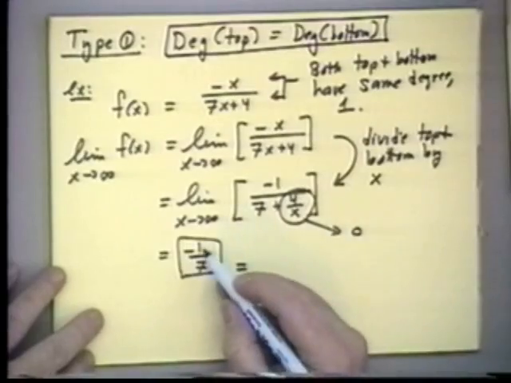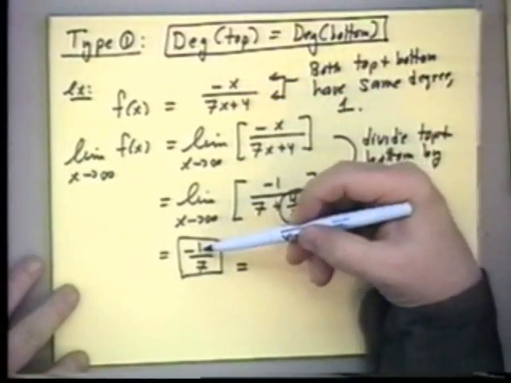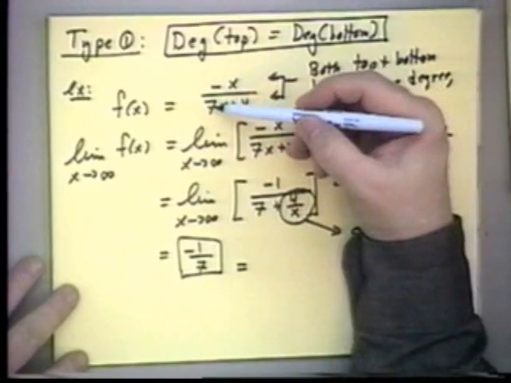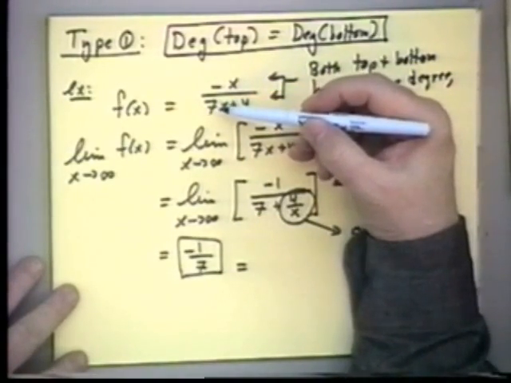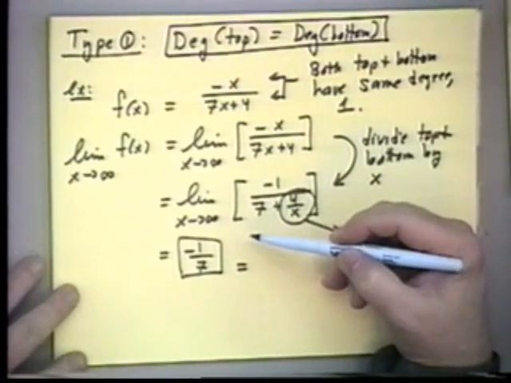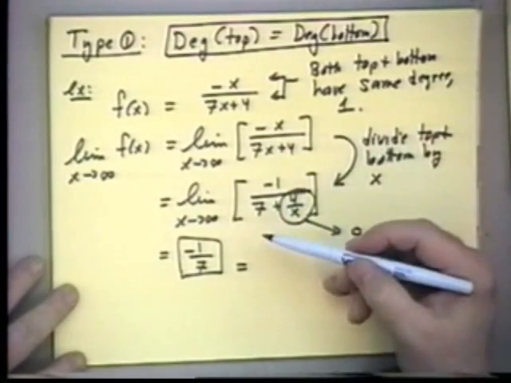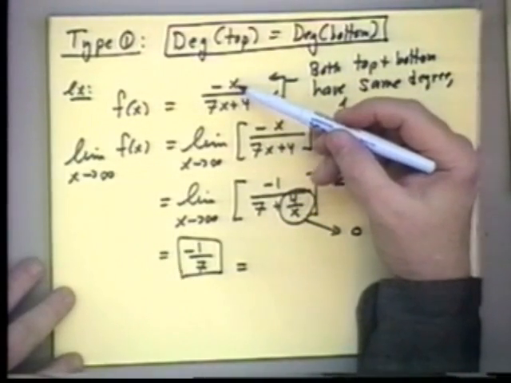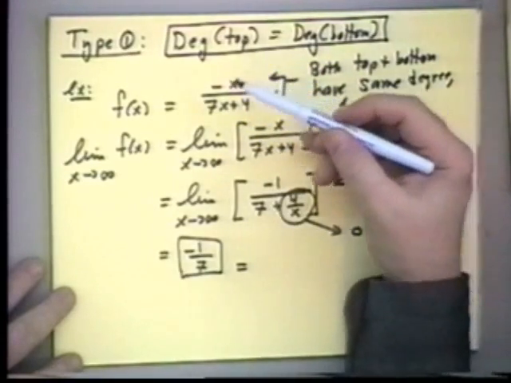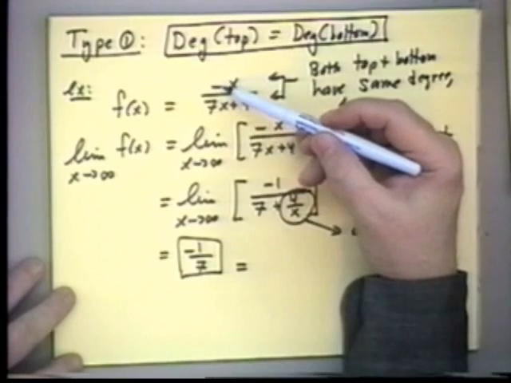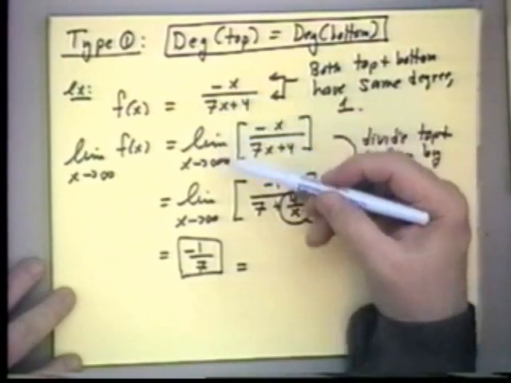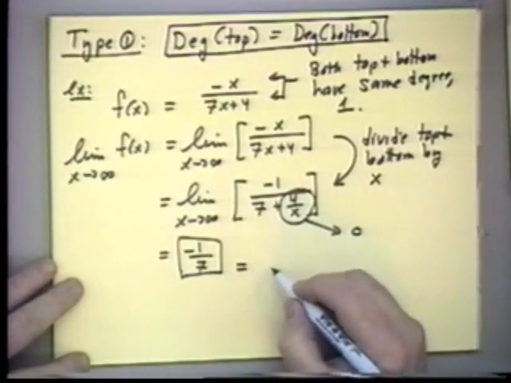And the way to remember this is to remember that the end result, notice from the very beginning that minus 1 is the coefficient of the highest power of x here. 7 is the coefficient of the highest power of x here on the denominator, or the bottom. So I didn't have to do all of this work, and in the future you won't have to either. Because you've seen this work, if you have a rational function where the top and bottom have the same degree, then all you have to do is ignore everything else and just take the coefficient of the highest power on the top and the coefficient of the highest power on the bottom, and look, you have minus 1/7, just as we got here.